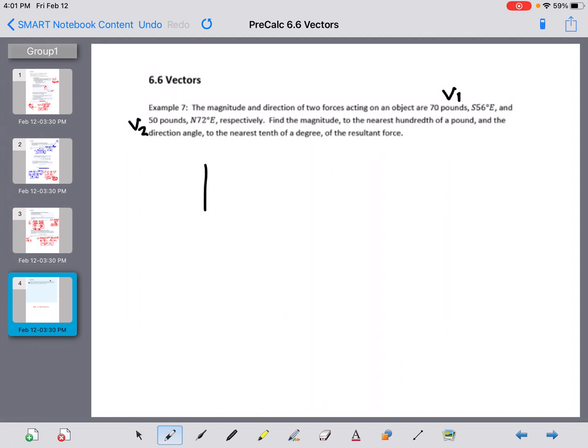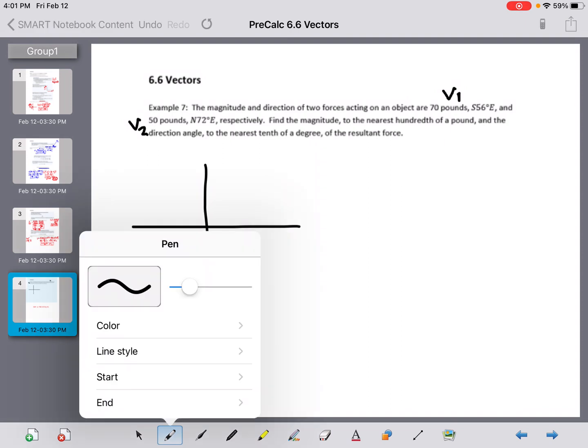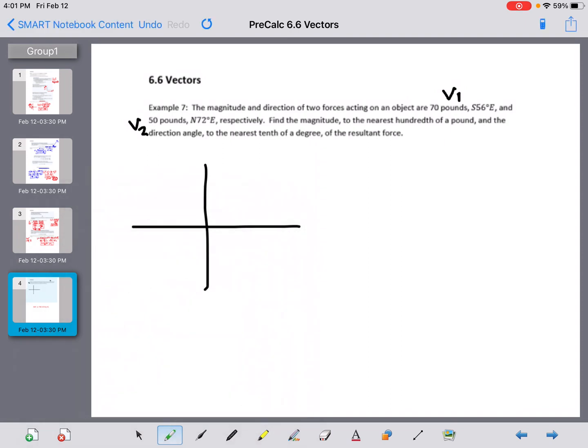Let me get my bearings straight here, and let's start with vector 1. So vector 1 is 70 pounds, and it's going south, so we start south, 56 degrees to the east, and here is my 70 pounds pulling, yanking, I don't know, on some object, okay, 70 pounds.